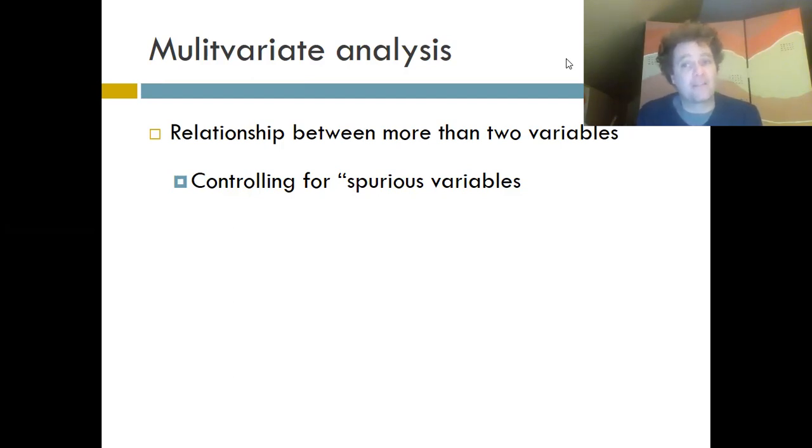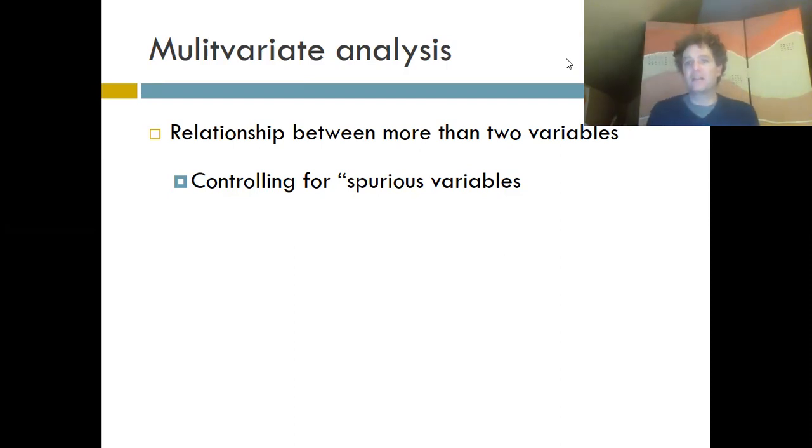With multivariate analysis, we're still looking at the relationship between two variables, but now we add other variables in to control for them. These are called control variables, other variables that we think might be having an influence on our independent variable and our dependent variable.